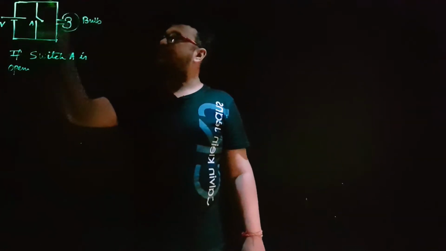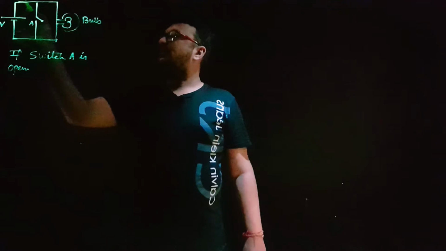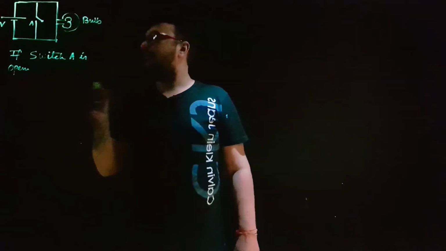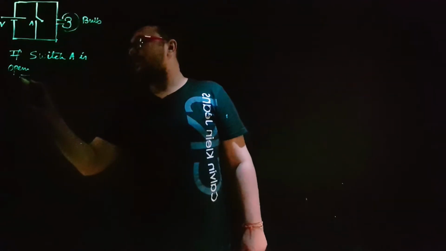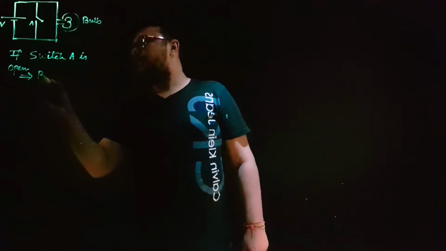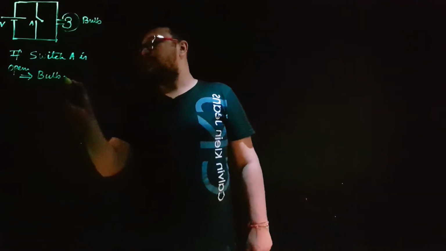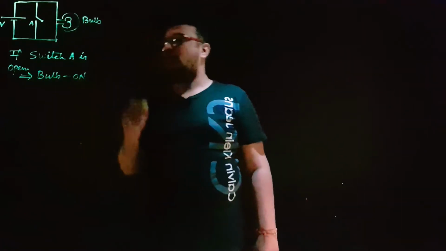So the current will flow through the bulb, right? Whatever current is flowing in the circuit will flow through the bulb, and this implies that the bulb will be on.